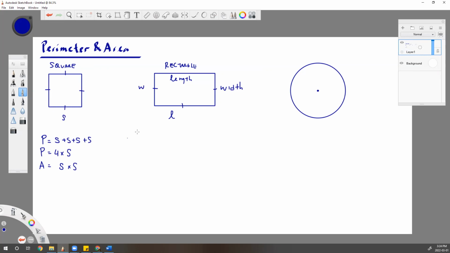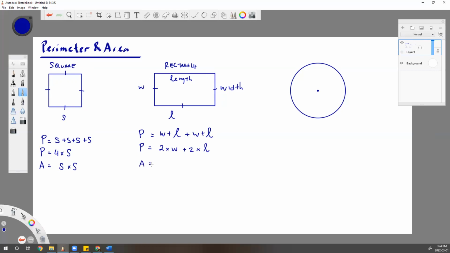And for the rectangle, the perimeter is quite complicated, but I think you can do it. Just add all the edges: W plus L plus W again plus L, right? So you can simplify it to 2 times W plus 2 times L. Okay, that's the way you do the perimeter.